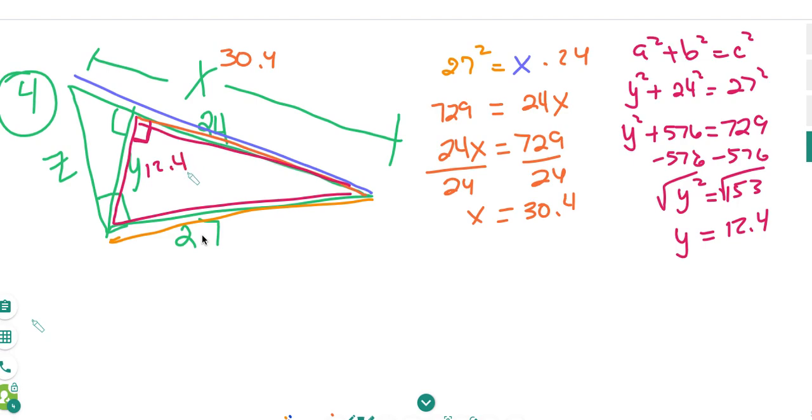So the last one that I need to find is going to be z. So in order to find z, I'm going to have, this is the hypotenuse, and I'm going to be able to do a leg and then use the geometric mean leg theorem.